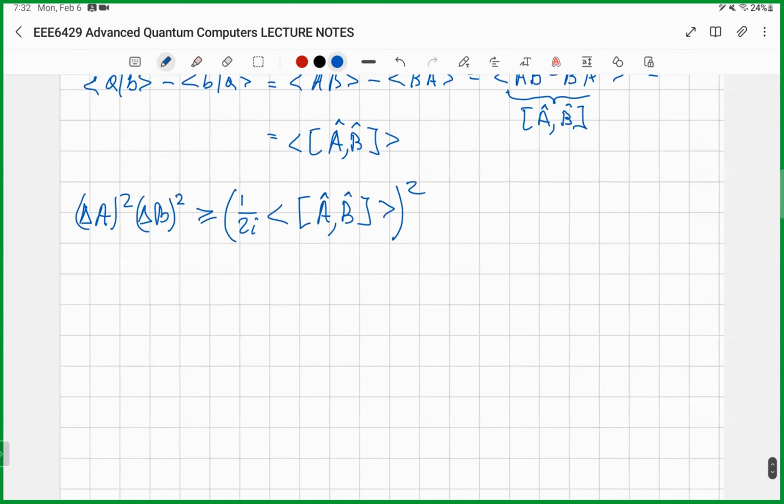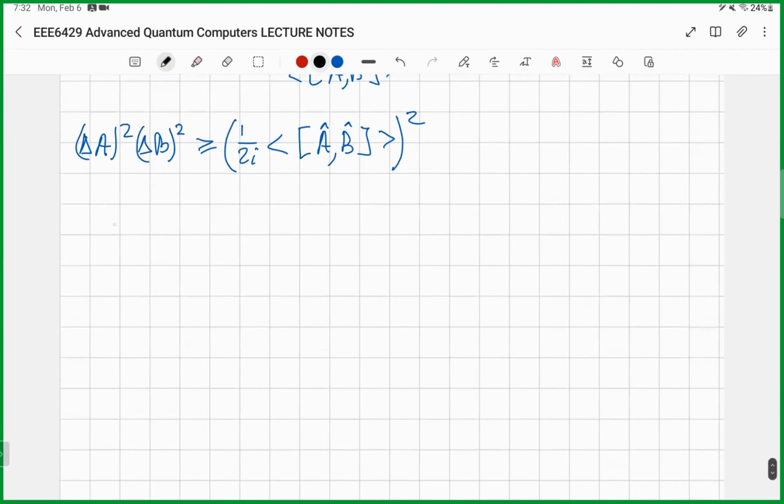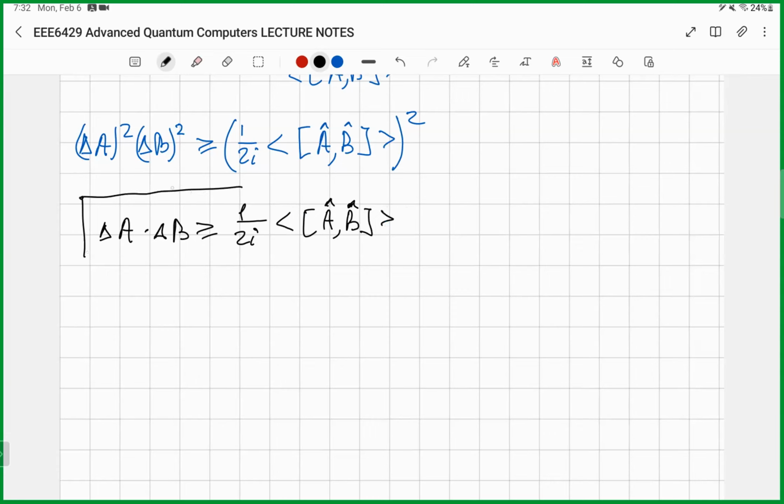And taking the square root from both parts, I conclude the final result is delta A times delta B is larger than or equal to 1 over 2i, expectation value of this commutator A and B. This is the main result, and actually I can even put this in a red frame.